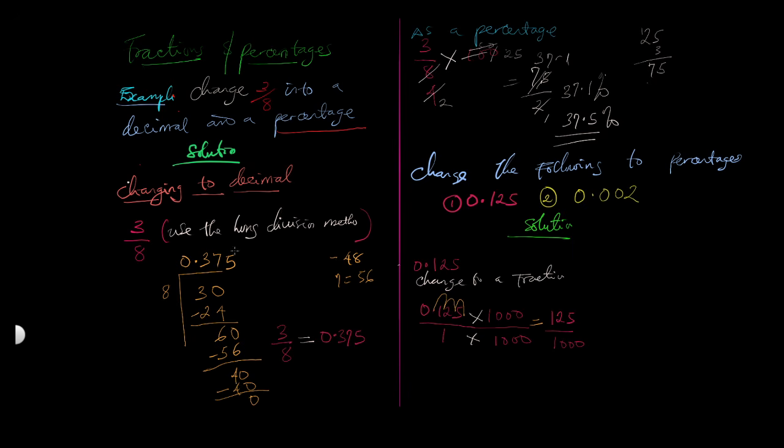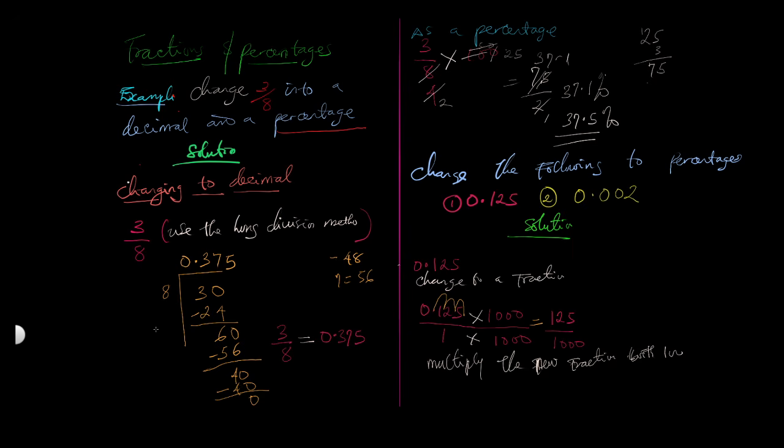Now, the next step will be for us to multiply our new fraction with 100. So we now say multiply the new fraction by 100.